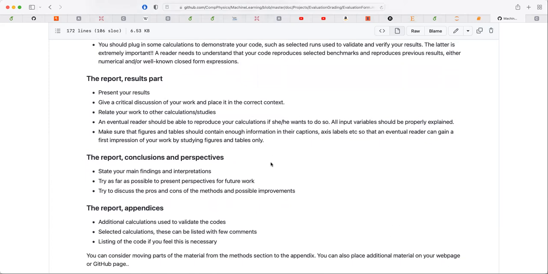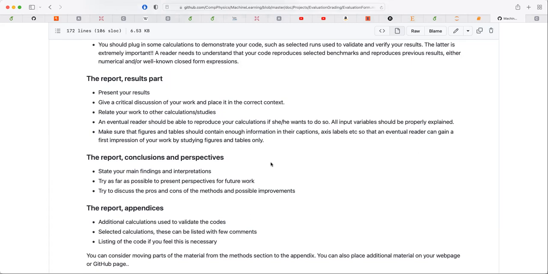Now, one thing which makes the Jupyter Notebook a little bit less straightforward in presenting the results like this, is that when you run the Jupyter Notebook, you generate tons of figures, right? And that means the report can be less readable because there are too many figures.